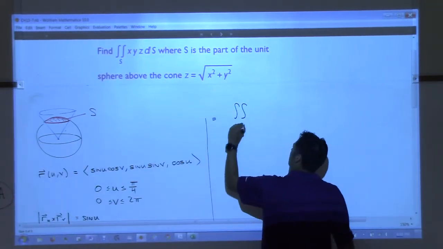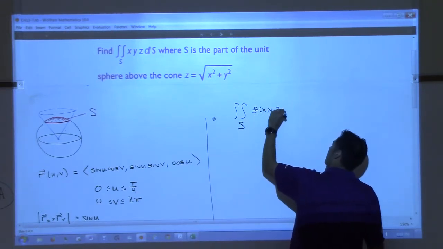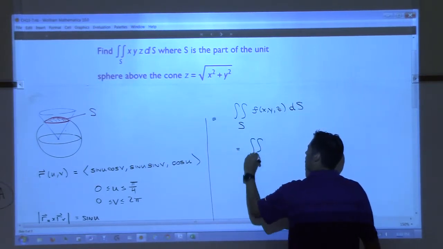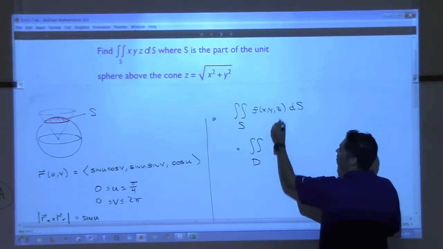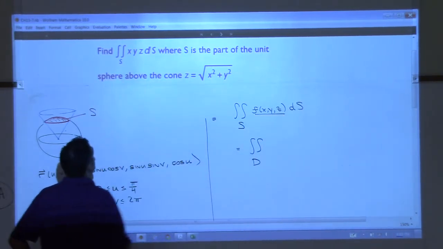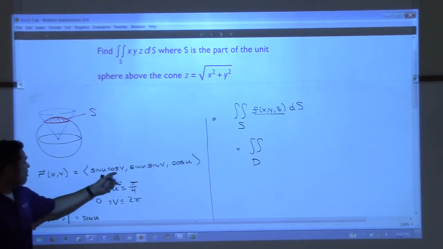Okay, so the surface integral of f of x, y, z dS with respect to surface area should be the double integral over D of now our scalar function x, y, z. But what's x for us? x is not x. x is sine u cosine v.